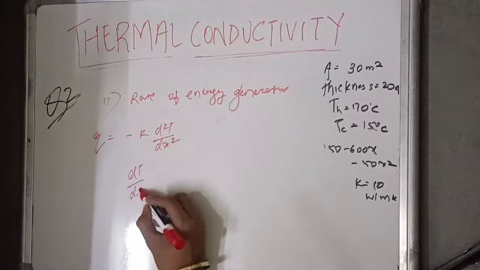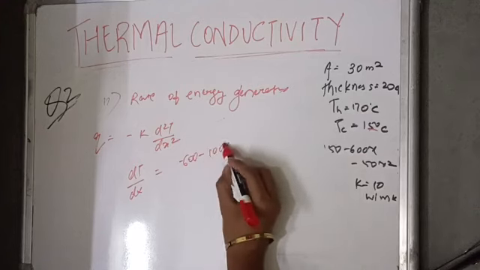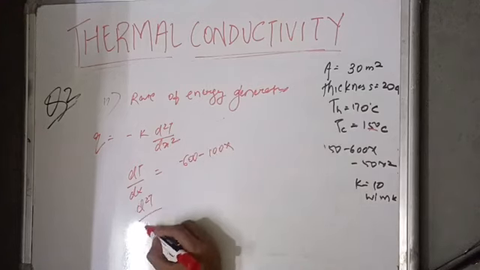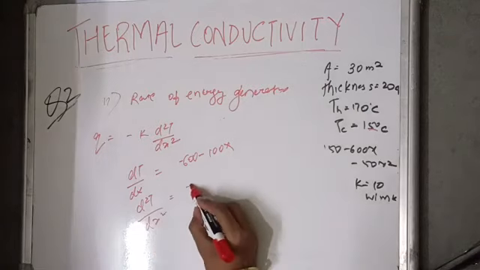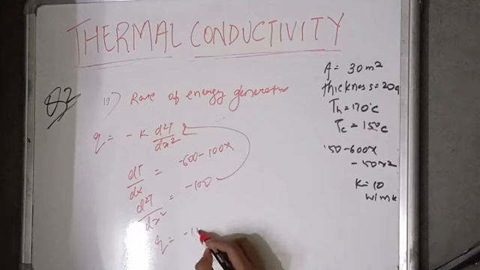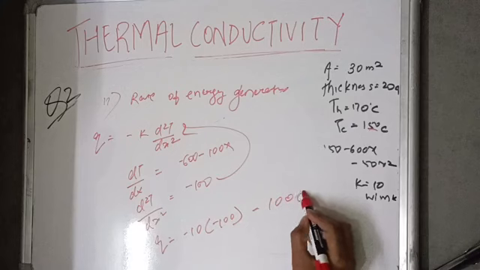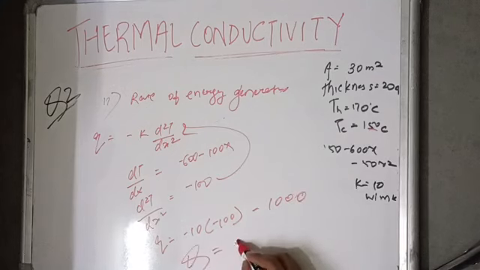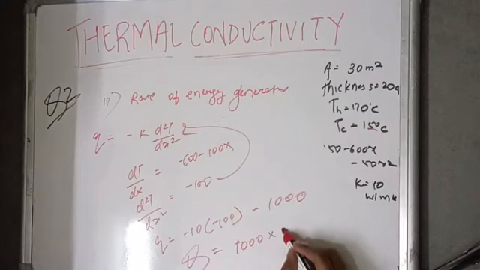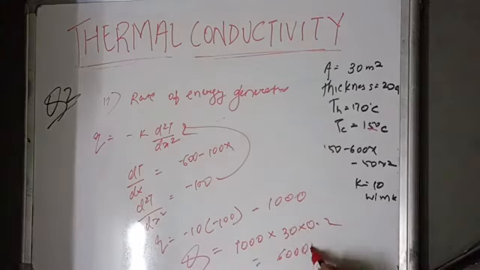We know dT by dx is minus 600 minus 100x, so d square T by dx square is minus 100. Putting this in, we got the heat generation as 1000. This is not the total heat generation. We will multiply it with the surface area. So we got the final heat generation as 6000 watt. We have solved all the first, second, third parts.